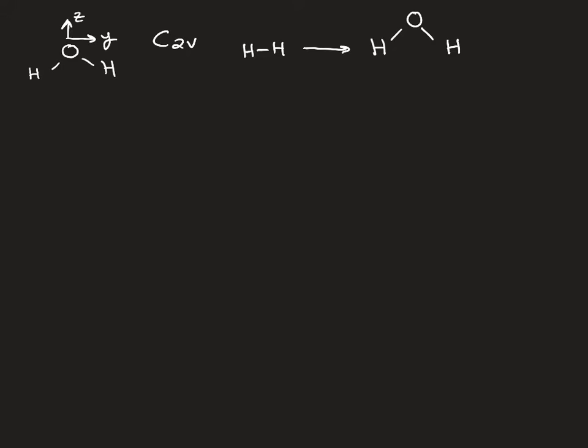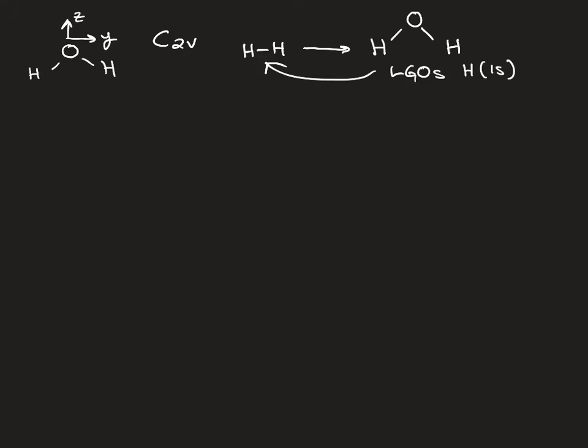So we're going to generate ligand group orbitals from our hydrogen 1s atomic orbitals. And these ligand group orbitals are going to look very similar to what the molecular orbitals of H2 looked like.